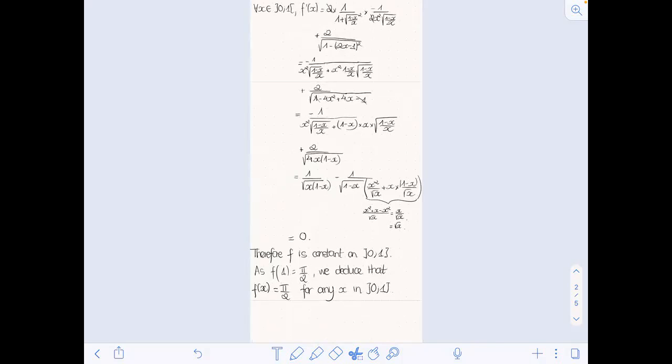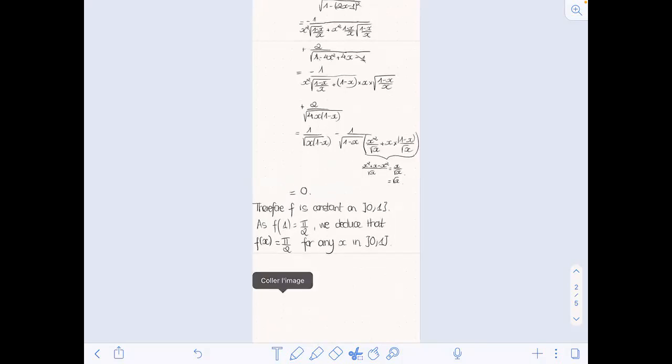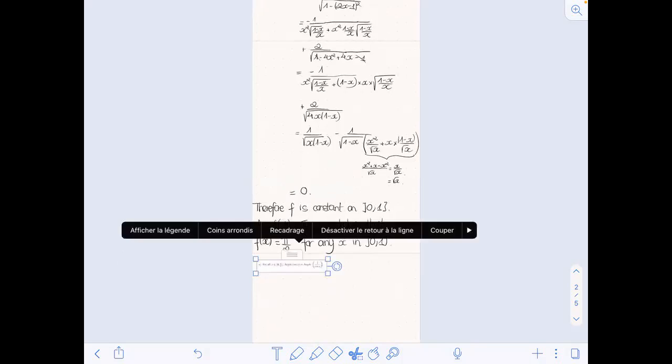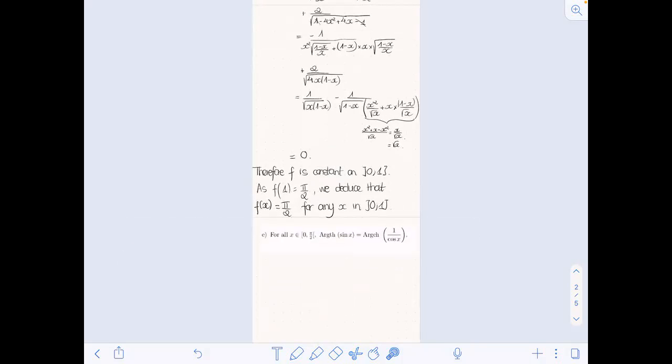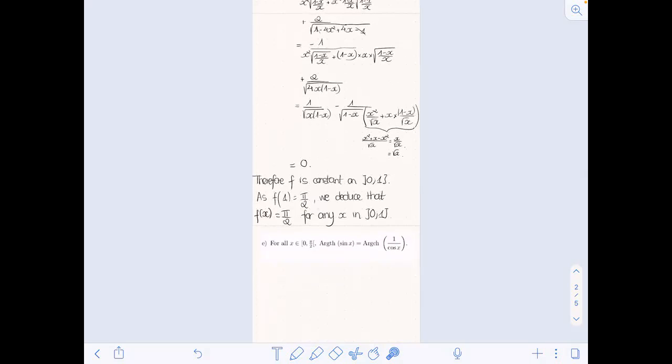Okay, so in the last question, we're going to take a look at this. So what we're going to prove is the following equality, for x in a certain interval that's already specified. What we're going to do first to prove this equality is just check that here everything's well defined.